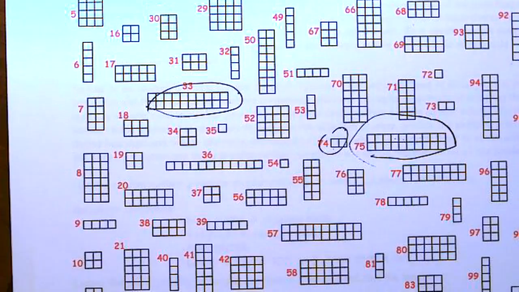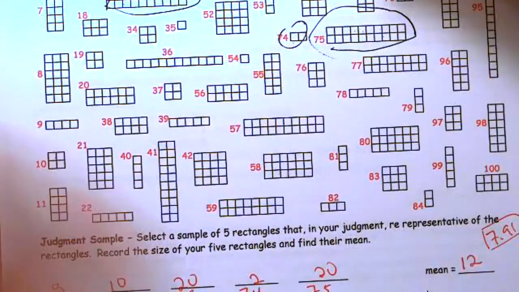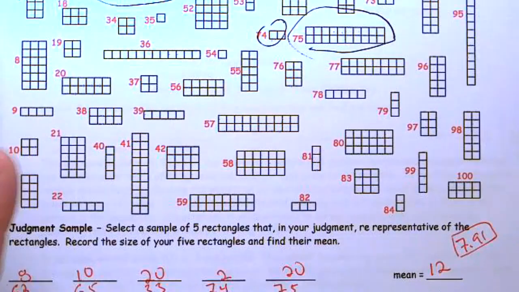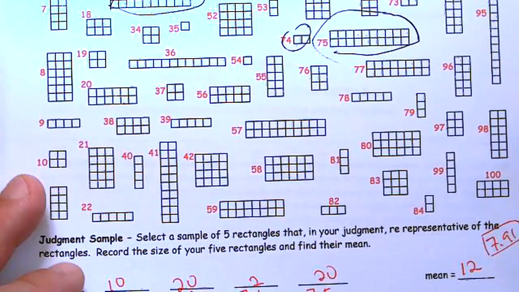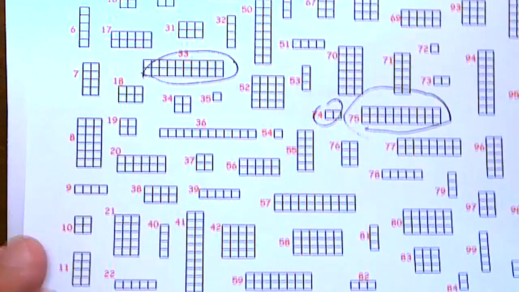All right. So basically, just by eyeballing it, I ended up at 12. The very first time I ever did this, just looking at it without writing anything down, I was way high. I ended up at 11.